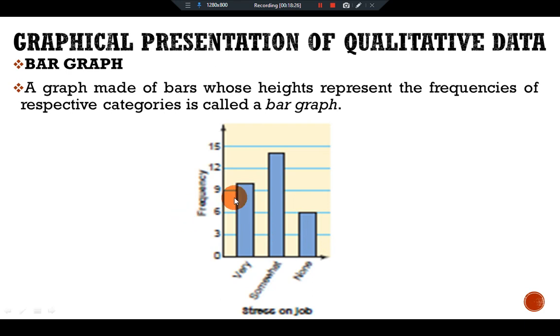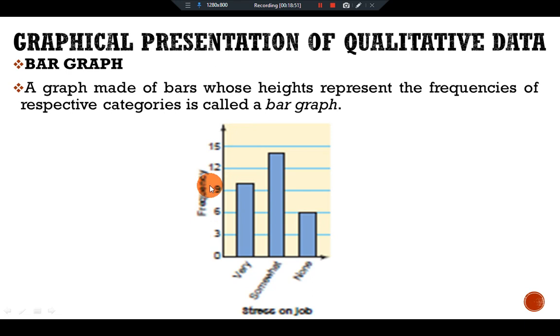So we leave space between each category, and there is no relationship between the categories. A bar graph for a relative frequency and percentage distribution can be drawn by putting the relative frequency or percentage instead of the frequency on the vertical axis.